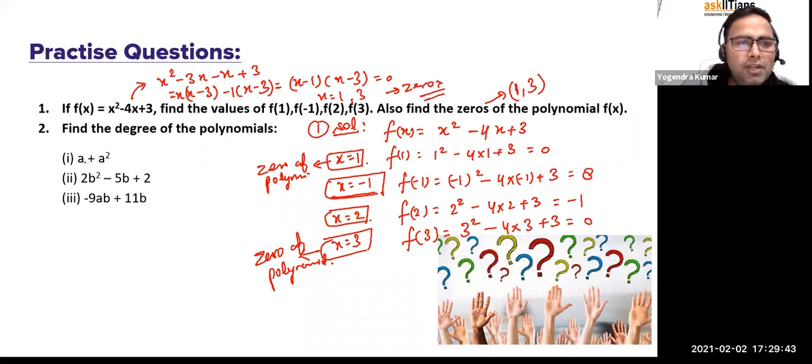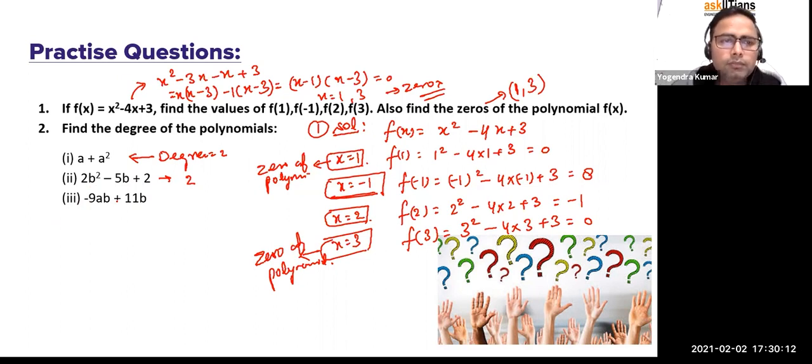Now degrees, next question. I hope it is clear, right? You need to always do more questions to understand it this clearly. What is the degree here? 2. What is the degree here? It is not, by the way, a one variable polynomial.